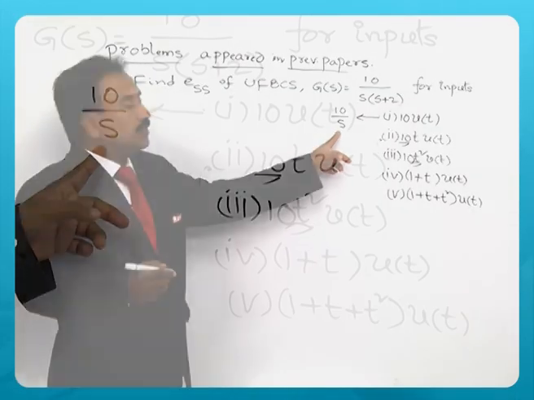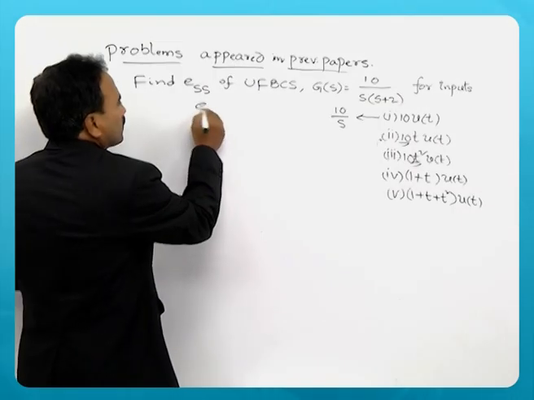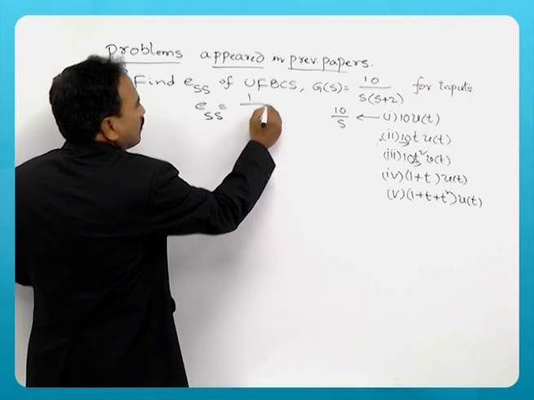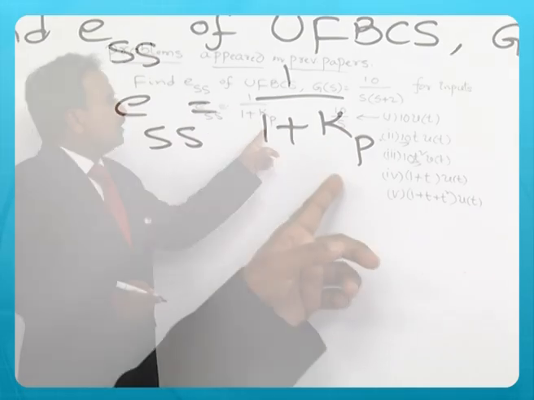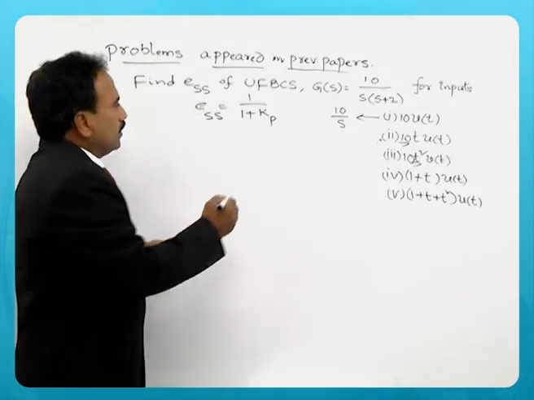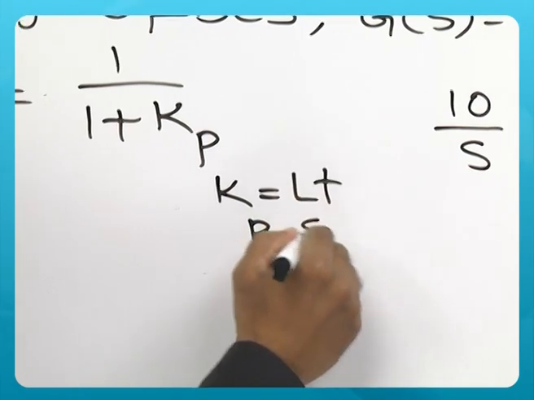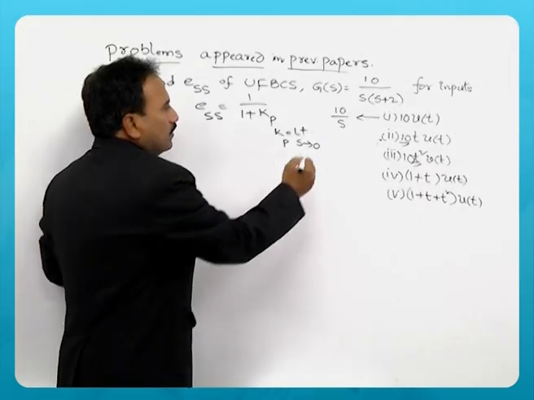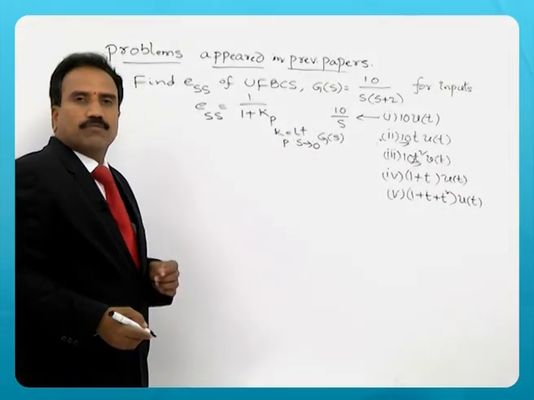For such an input, if you want to calculate steady state error, the formula was given earlier. It is 1 by (1 plus Kp), where Kp is the position error constant, calculated using the formula limit s tending to 0 of G(s).